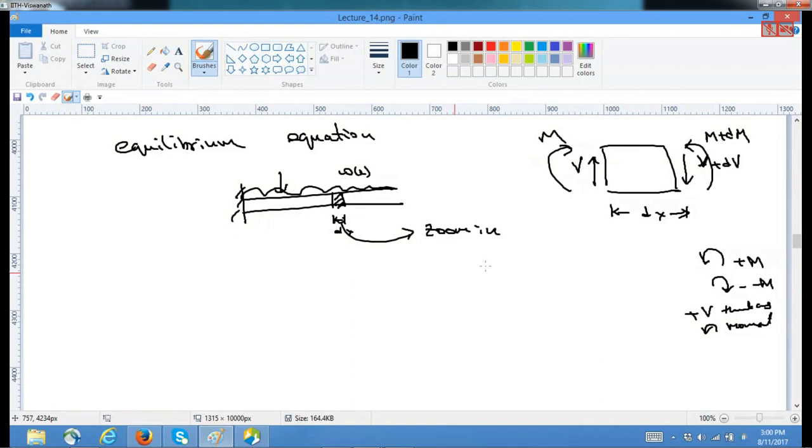So if I take a force balance, there is the weight that is acting on it.